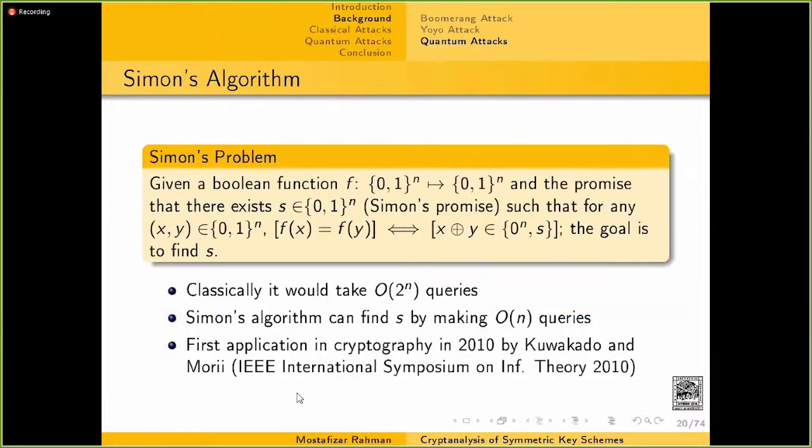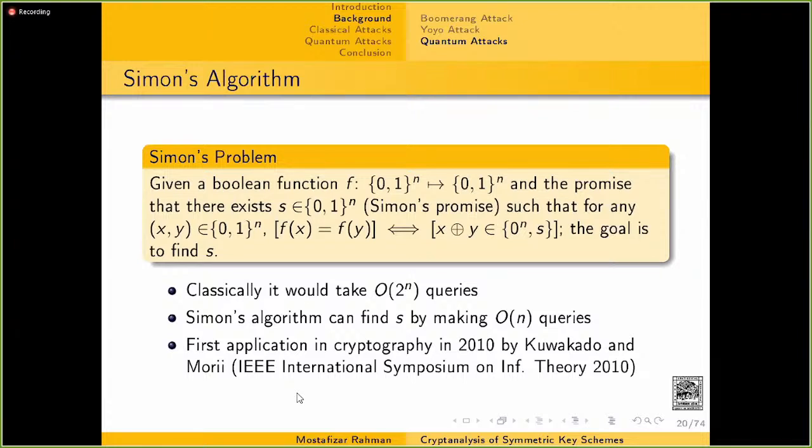Next is Simon's algorithm. Simon's algorithm solves the problem of finding the periodicity of a function. Suppose there is a function from 0,1 to the power n to 0,1 to the power n.